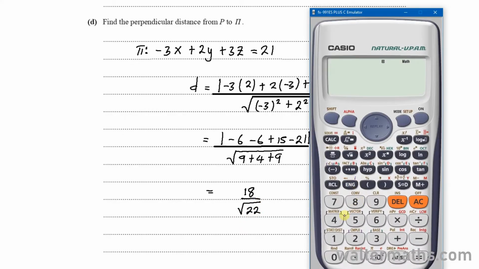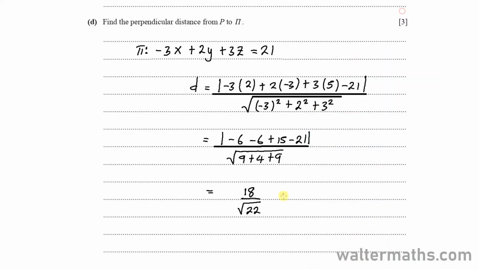So that's 18 divided by root 22, and to 3 significant figures we get 3.84. So the answer here is 3.84. So that's what we get for part D, and that's how we do it.